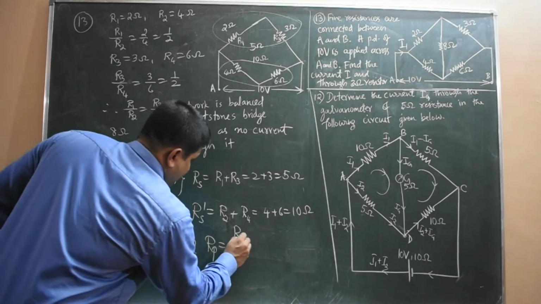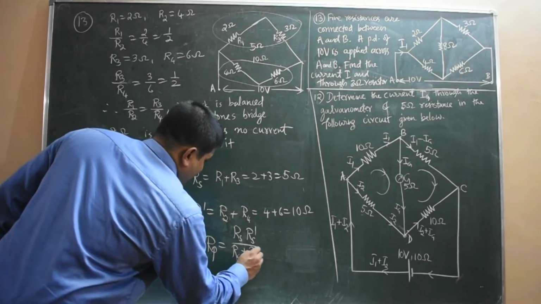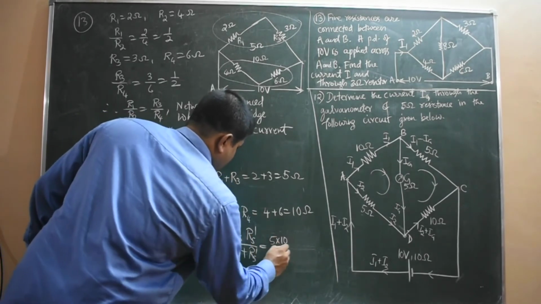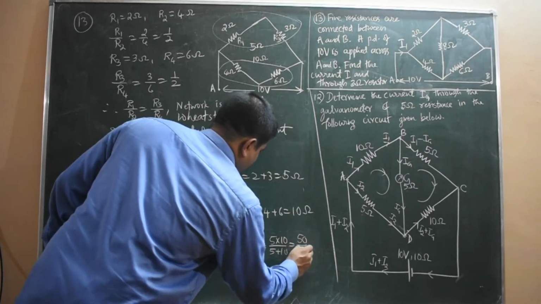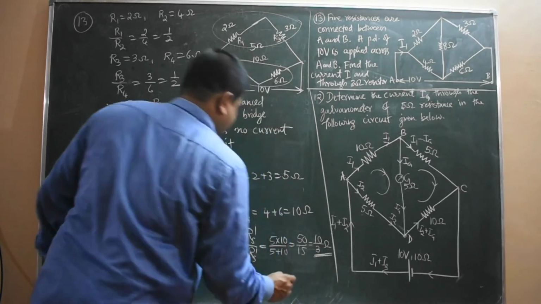So here it is RS into RS dash by RS plus RS dash. Substituting, 5 into 10 divided by 5 plus 10, that is 50 by 15, or 10 by 3 ohm. 10 by 3 ohm is the effective resistance.